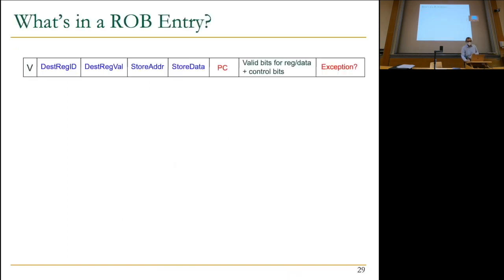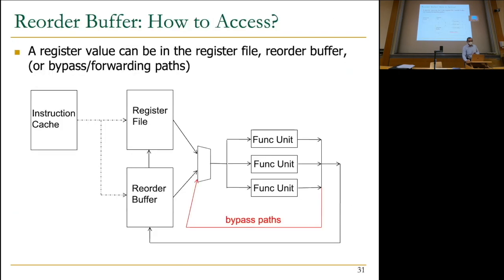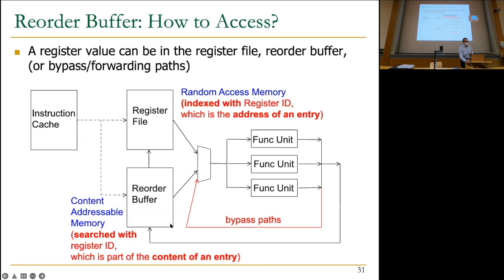Okay, let's take a look at this. Okay, so basically, you want register 3. We're going to ask the reorder buffer. Reorder buffer, can you give me register 3's value? Okay, actually, you tell the reorder buffer, reorder buffer, I'm instruction 56 in the reorder buffer.